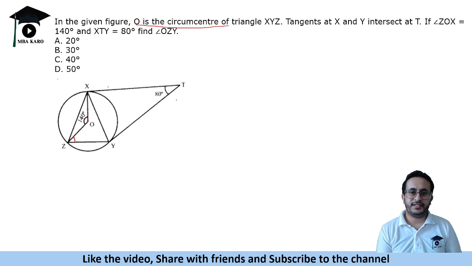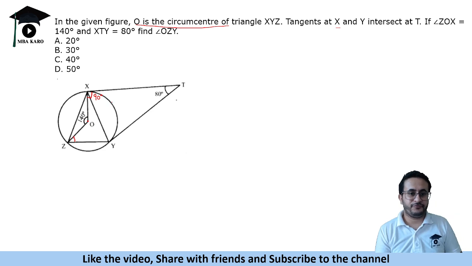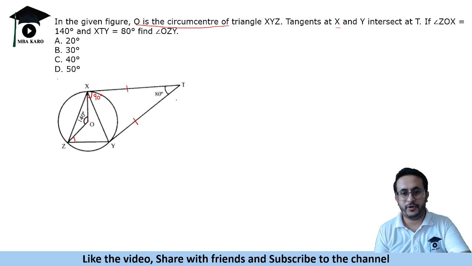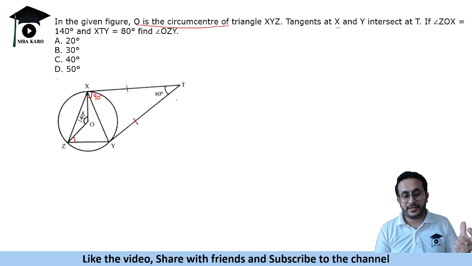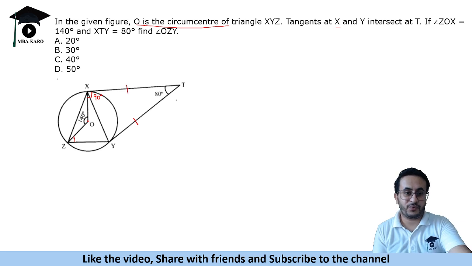Now TX is a tangent, so this angle is going to be 90 degrees, right? Okay, now see carefully. We know that tangents from the same point are equal. So there are multiple theorems being applied in this. Two theorems related to tangents: one theorem which says that the tangents are equal, another is that this angle is 90.